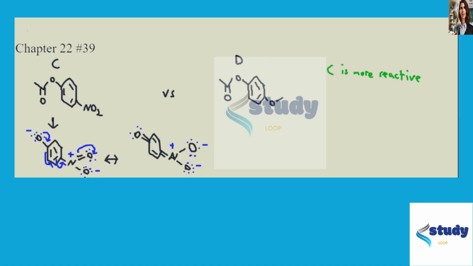And basically, this resonance structure allows us to delocalize that negative charge across the NO2 group. And so this serves to stabilize the leaving group here. And when we make a comparison to what we would see in the case of molecule D, what we would see would be this.